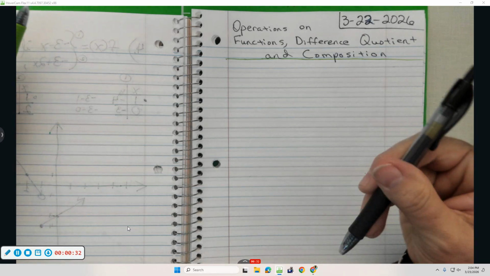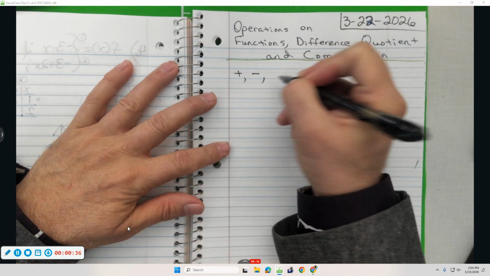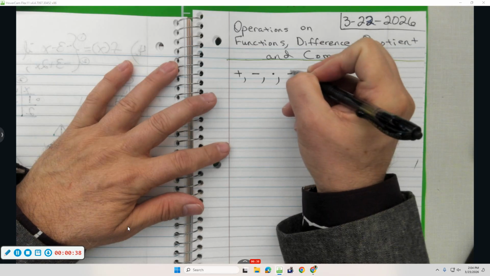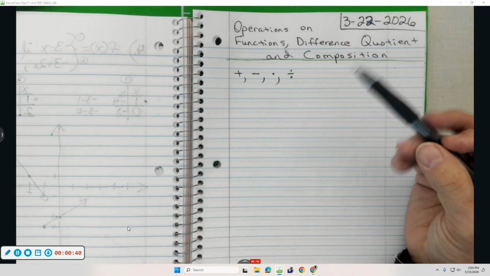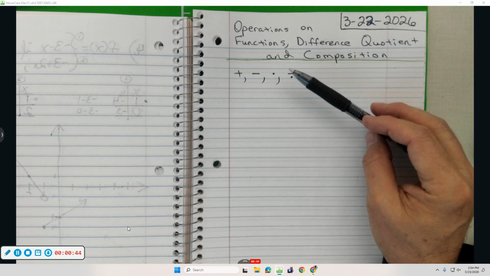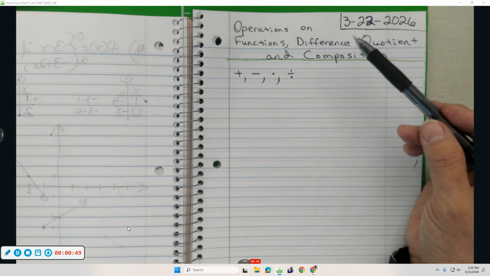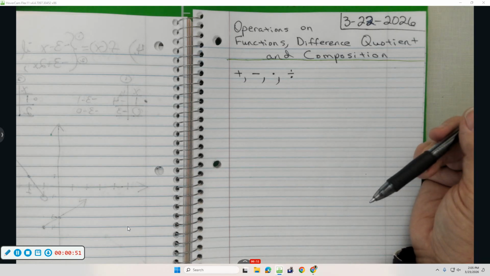Algebraically, there's really nothing new at this point; it's just the notation that we're using.